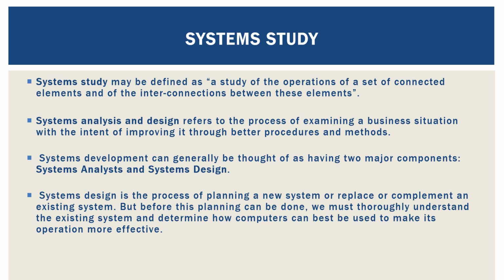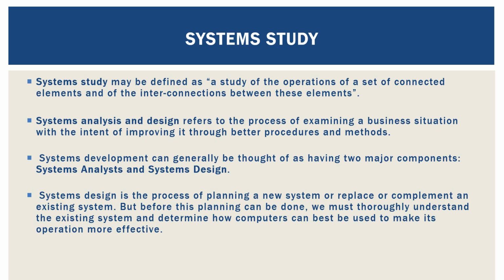System development can generally be thought of as having two major components: number one, systems analysis, and number two, system design. So our course is made up of systems analysis and system design. Once we are done with analysis, we go to design. Once we're done with design, we're going to see how we can actually maintain the systems, the analysis and the design. Of course, the design is something that is workable. We can actually work on it.